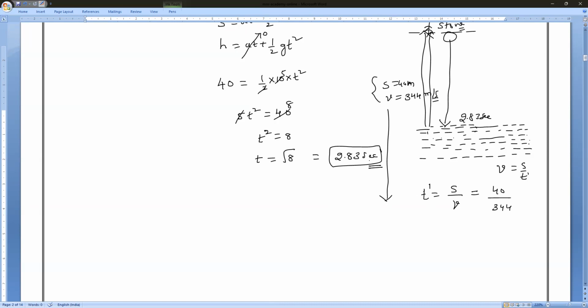It doesn't add up yet to the time the splash takes to reach you. He's asking the total time, after how much time? You have to find the total time.